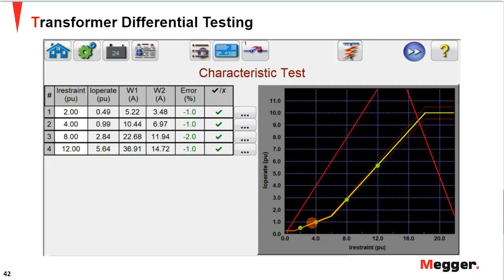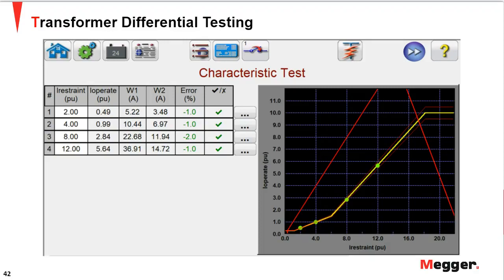There are 2 slopes here, so we can choose different points on the slope, like you're seeing here. Each point is, for a particular amount of restrained current, what is the operate current that is required for the relay to see a differential condition, right?